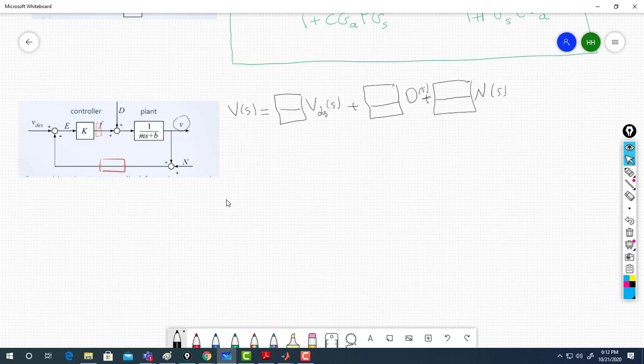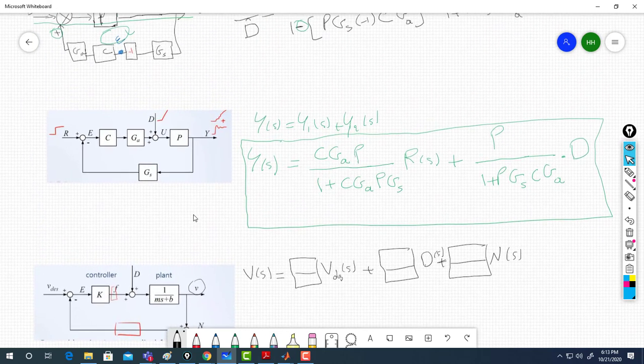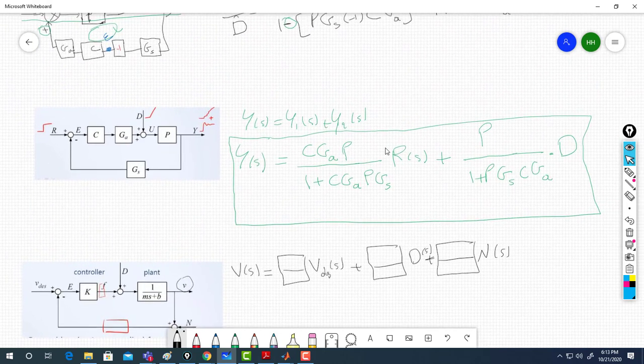So then here you need to draw 3 block diagrams for me. As here we had 2 inputs, D and R, I have R and D plus the transfer function of them. So then in this case I have 3 inputs, V desired, D and N. V desired is my reference. I have disturbance and I have noise on my system.